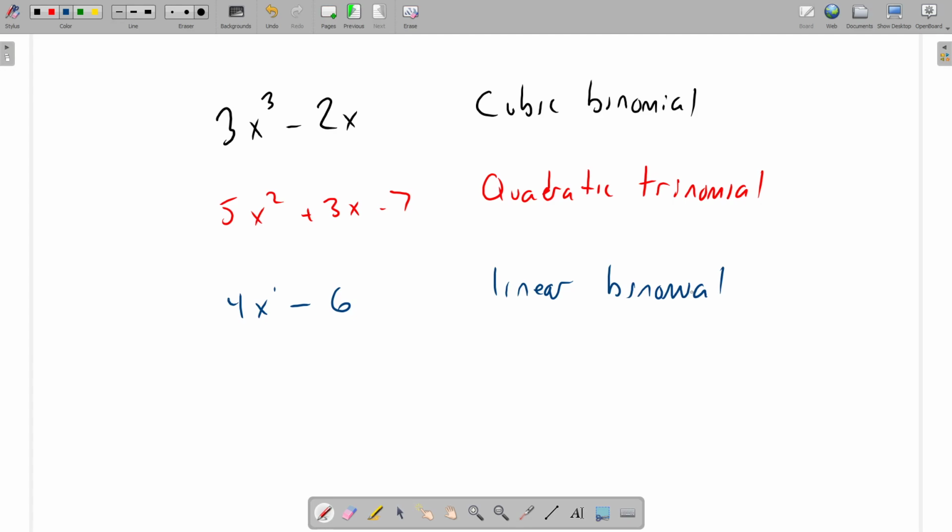So hopefully this helps you understand what these different terms mean, where they come from, how to classify different polynomials. So in later videos, if we're saying something like this quadratic binomial, or these two binomials, or this constant term, you'll know what these words mean and be able to understand them so that you can focus on the other parts of the lesson in the later videos, whatever those are covering.